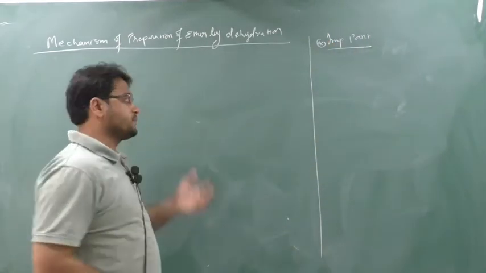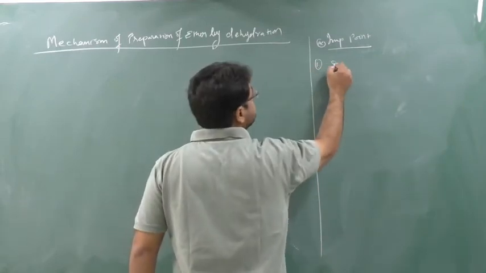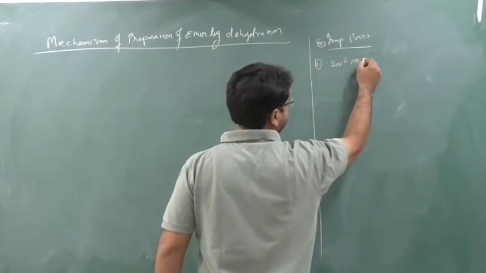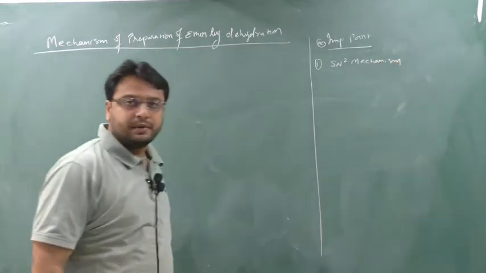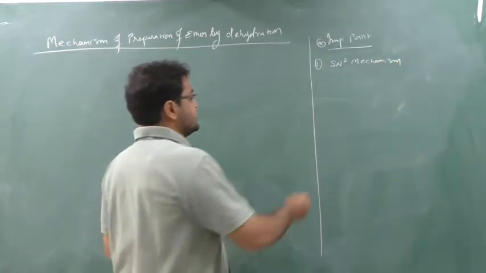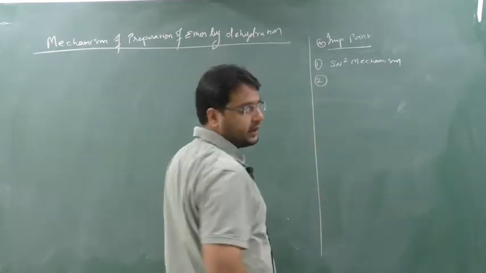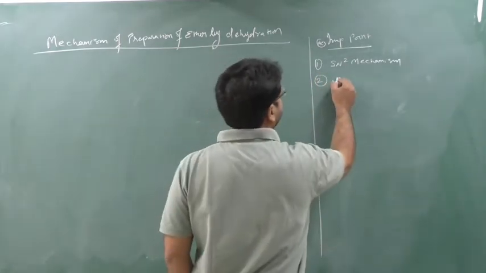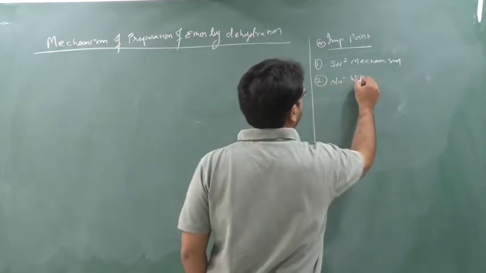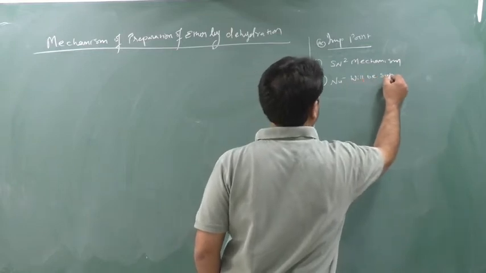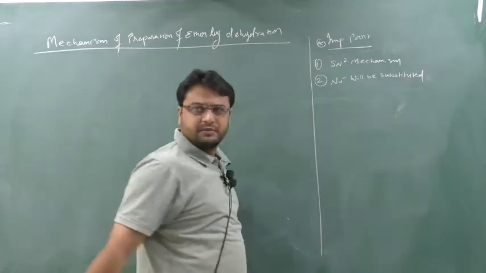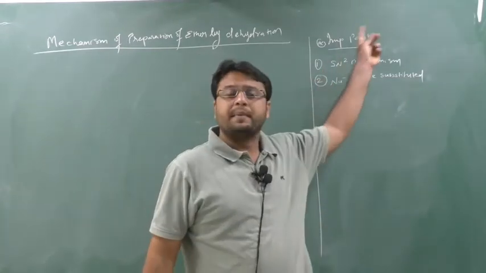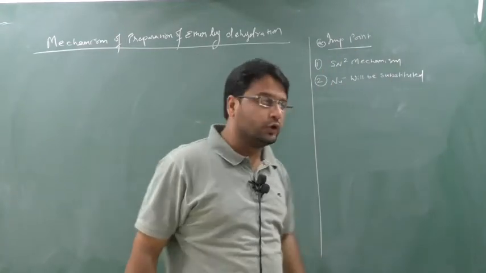Important key point, first point: it involves SN2 mechanism. It involves which kind of mechanism? SN2 mechanism. Next, SN2 mechanism means what? Nucleophilic substitution reaction. So here a nucleophile will substitute. And SN2 mechanism means what? Substitution nucleophilic bimolecular reaction, means here two molecules are involved.